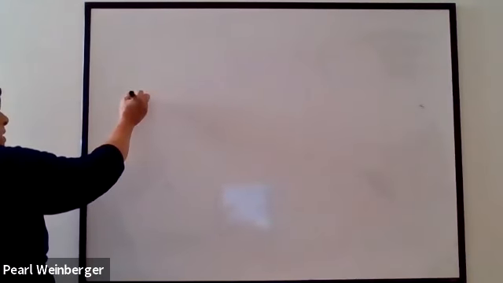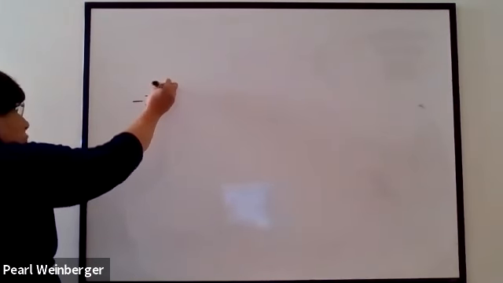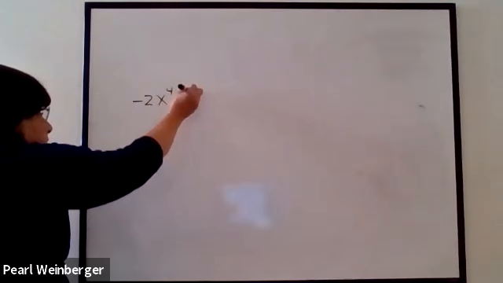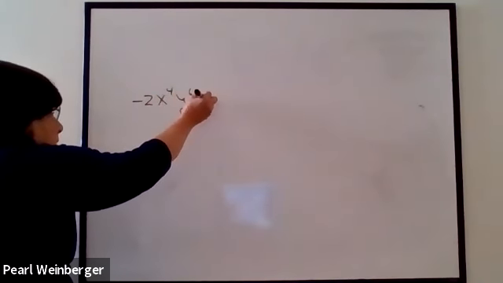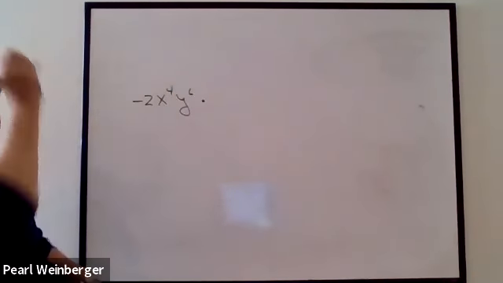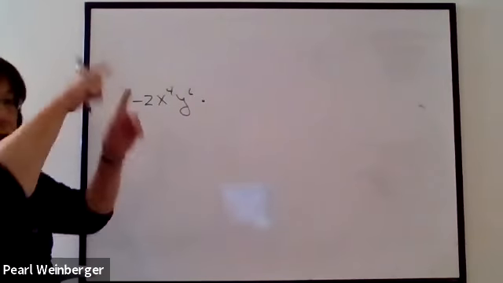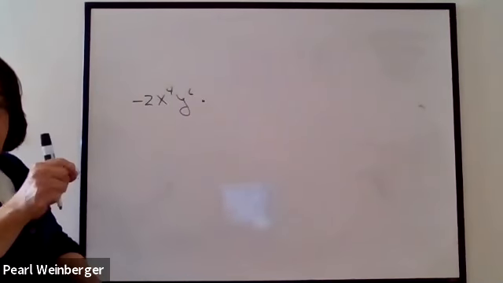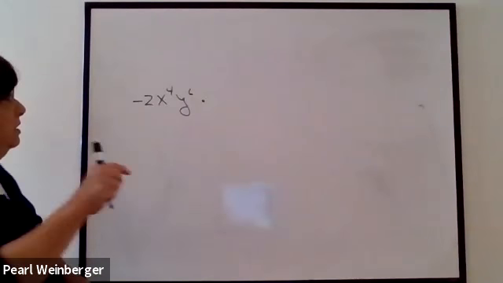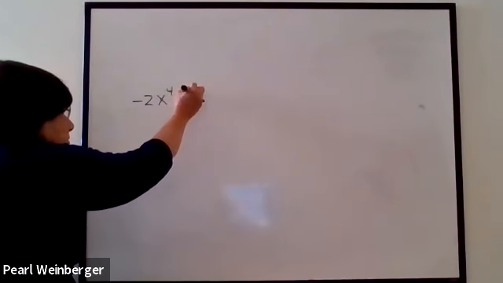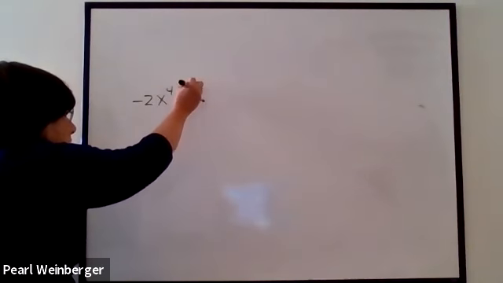Let's say I have -2x⁴y⁶, and we want to multiply it, and sometimes we use a dot, and sometimes we use an x, or sometimes we just enclose them in parentheses. I'm using the dot.